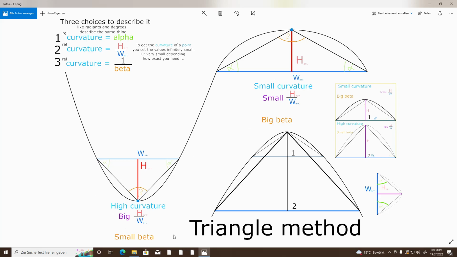And of course, with beta, we have relatively small when the arc gets sharper, and relatively big when it gets less sharp, and then we get the big beta. That's why the radius of the curvature circle is 1 divided by beta: small beta, we have high curvature; big beta, small curvature.